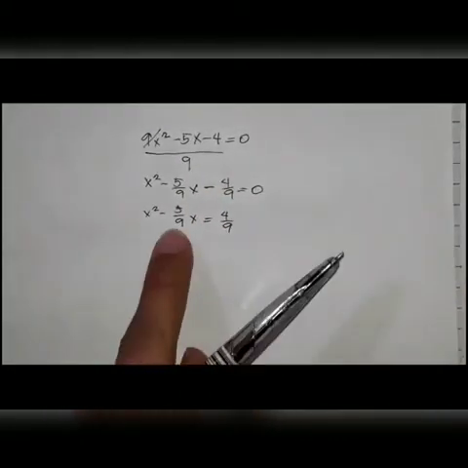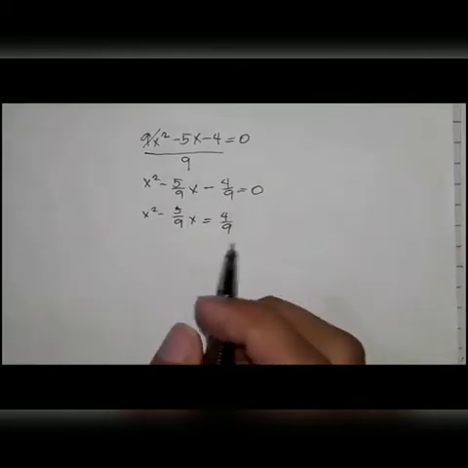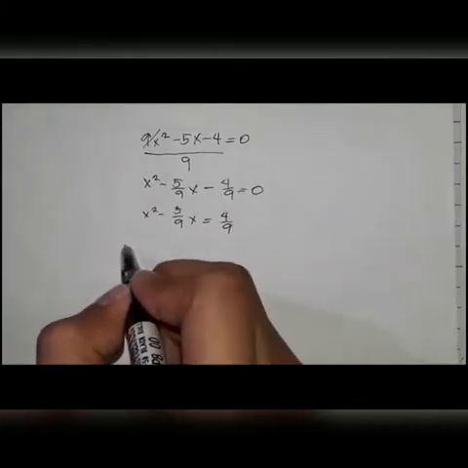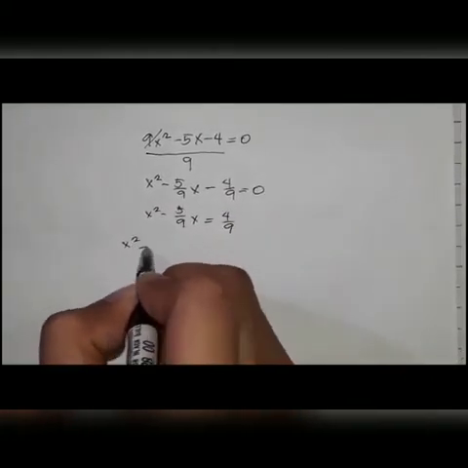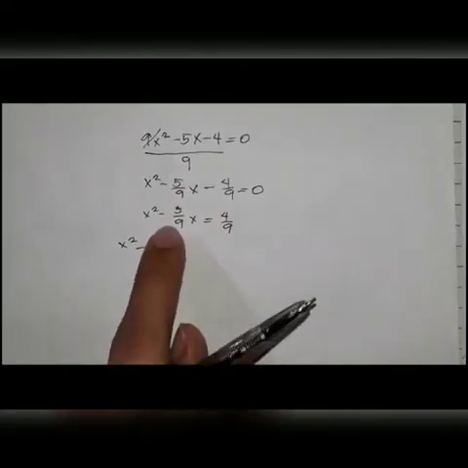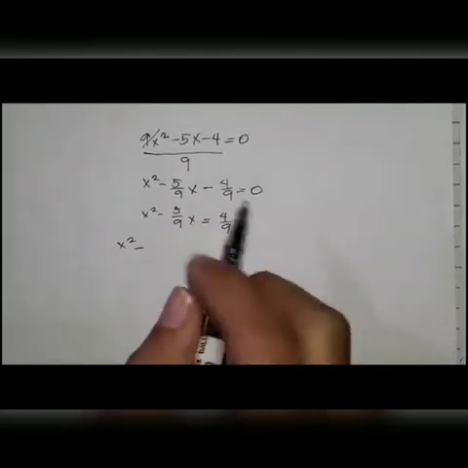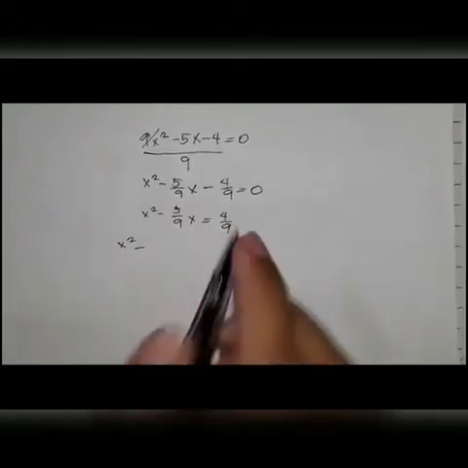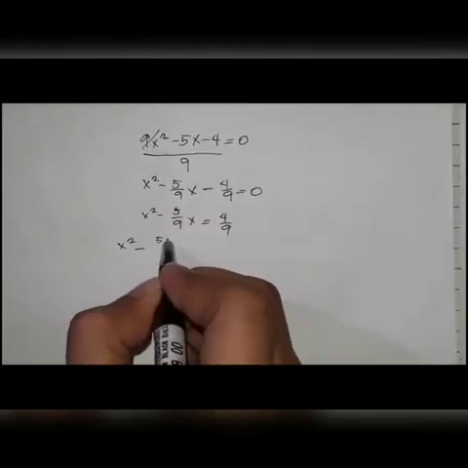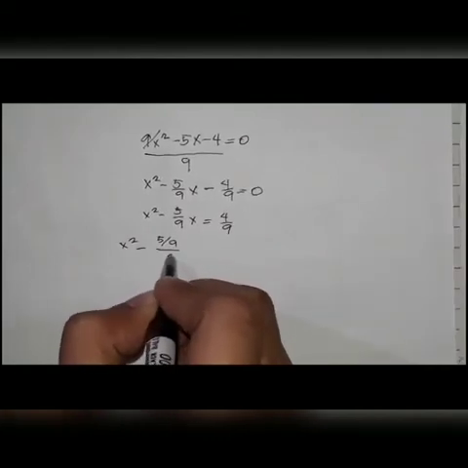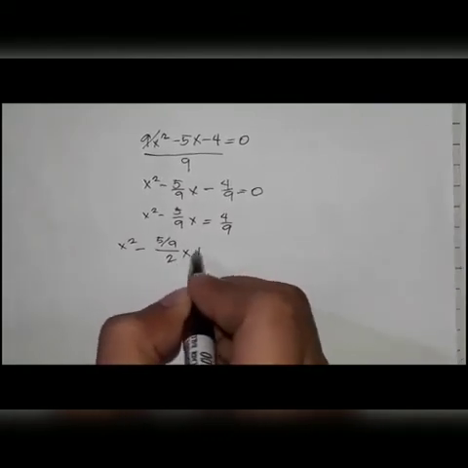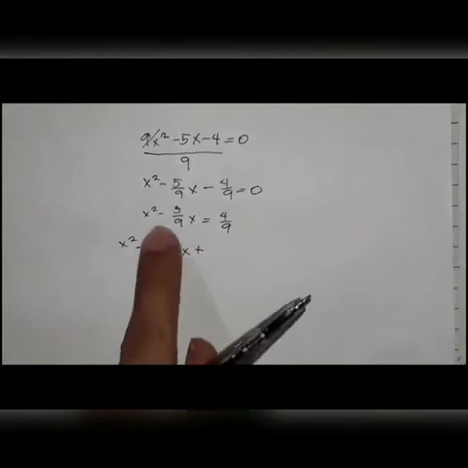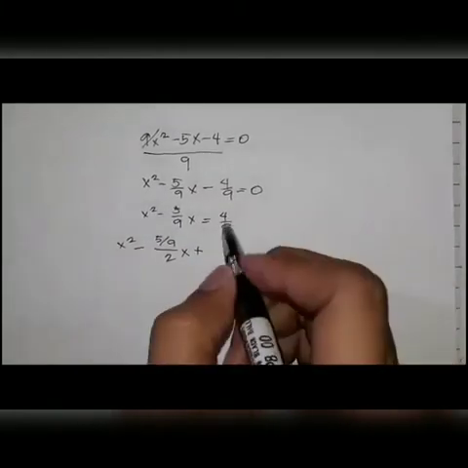And then next, transform this into a perfect square trinomial. So this will become x squared minus... we should divide the second term. In order for us to find the second term, we should divide this by 2. So I will just write it 5 over 9 over 2x plus the square of this value.